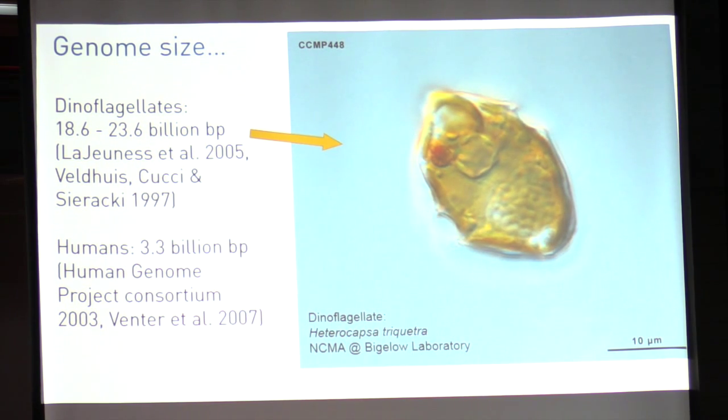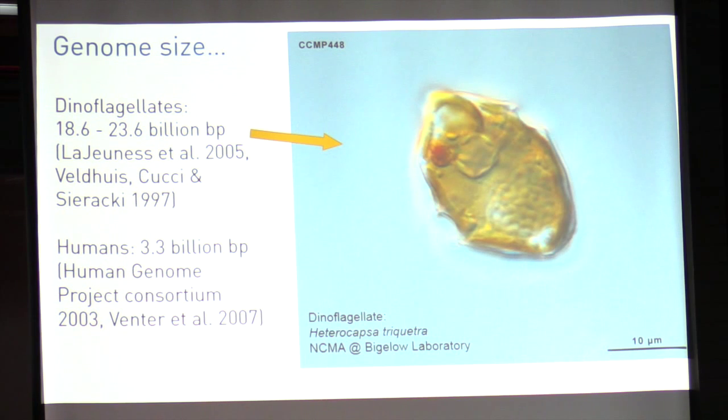There are many other regulatory regions in genes that basically help create the messages, make sure everything is done in the correct order. But our genomes are minute compared to organisms like this.